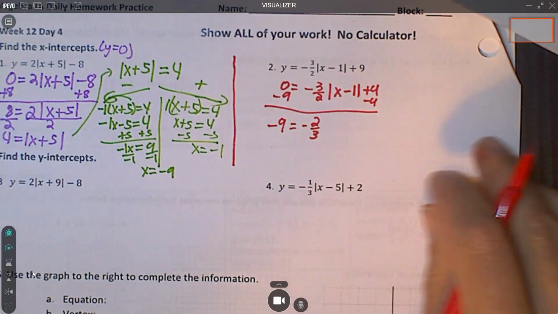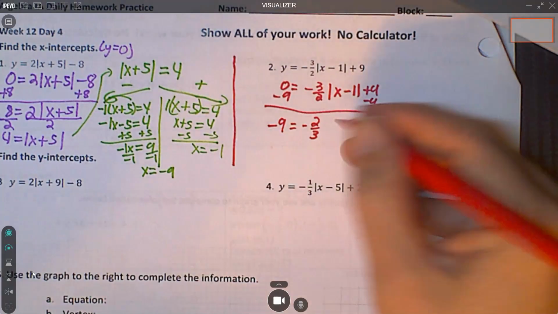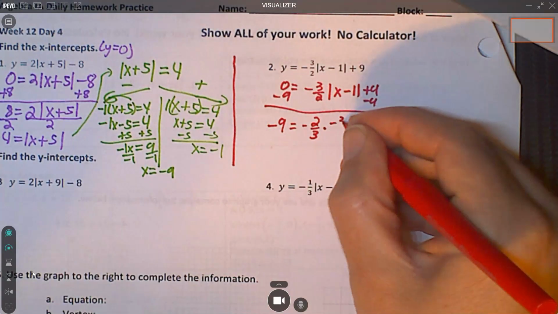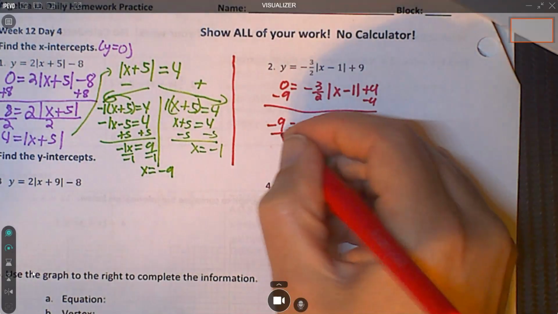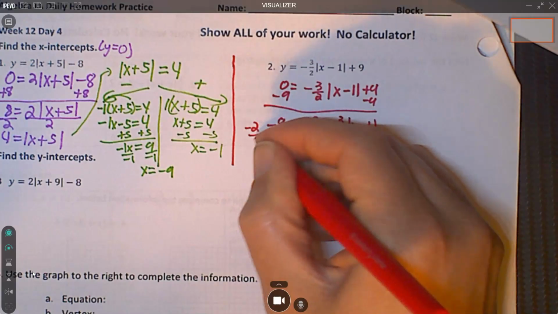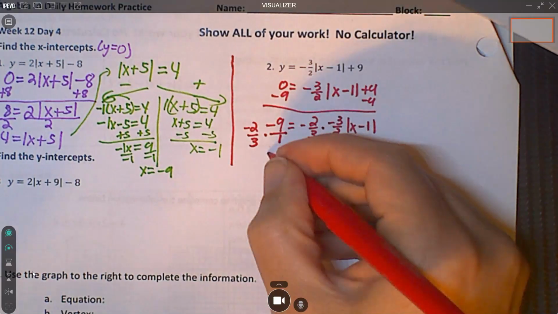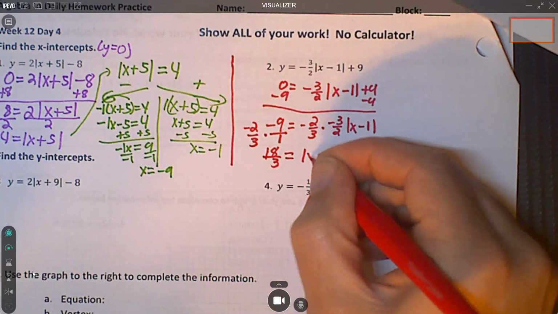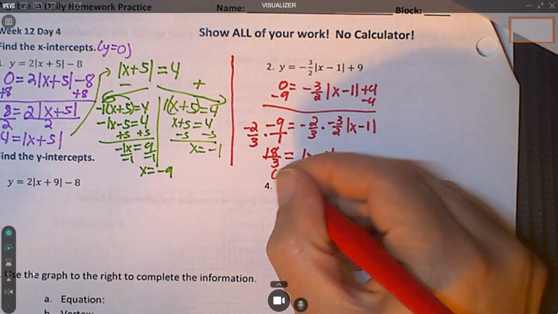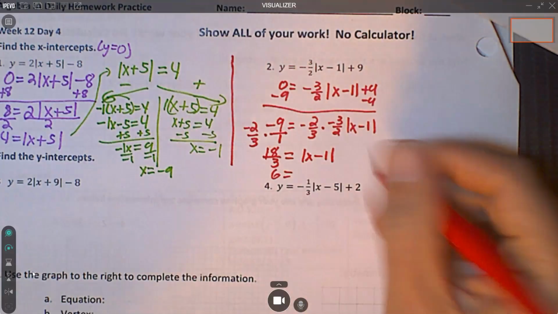Okay, so I subtract 9. Now I'm going to multiply. I multiply by the reciprocal.